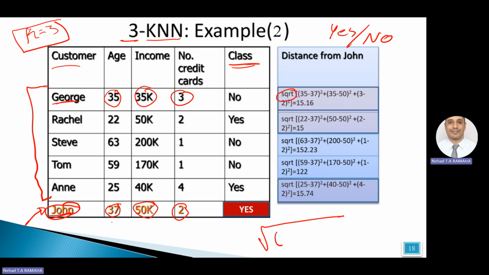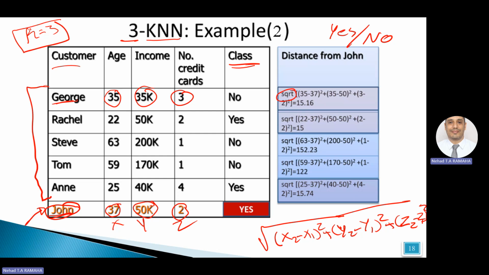If we have x, y, z, for example, then x2 minus x1 power 2 plus y2 minus y1 power 2 plus z2 minus z1 power 2, all under a square root. This is the distance. So here we have 3 features.